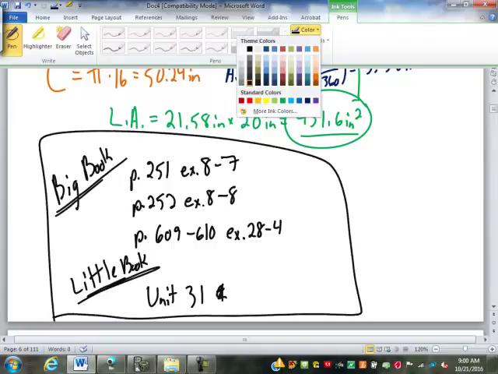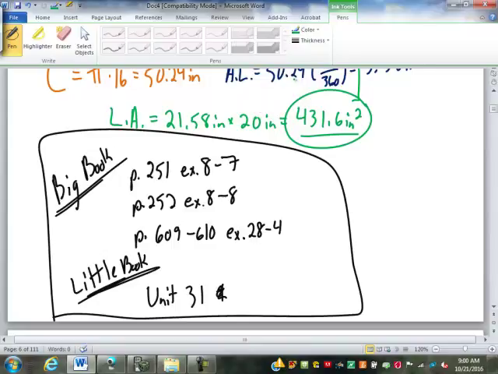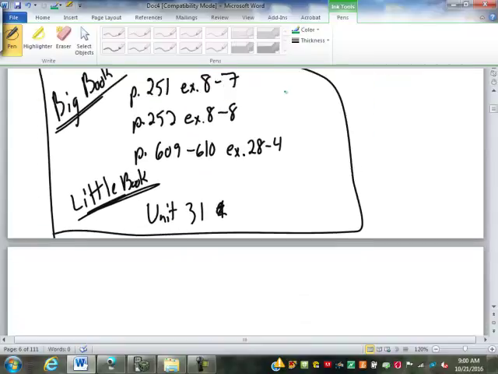To get through the little book, you're going to have to talk a little bit about something called density. Density is defined to be mass divided by volume. So now that we know how to calculate volume, we can use it, if we know the mass, to find density.